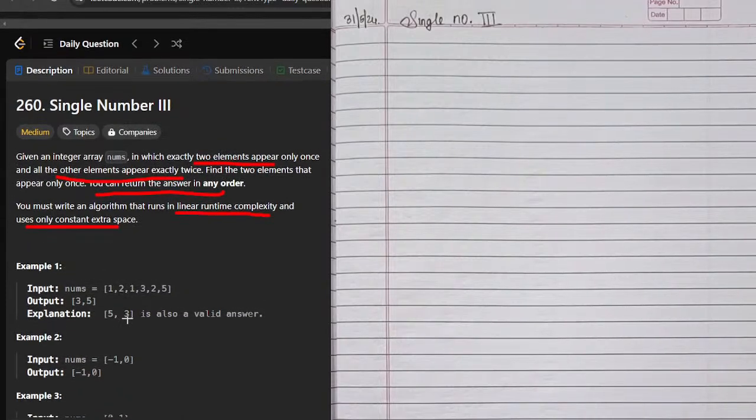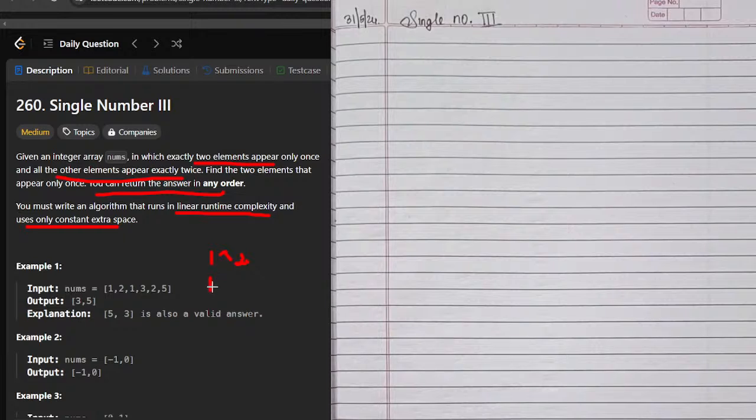There is one simple logic of XOR which removes the redundant things. One XOR anything is some different value. One XOR 2 gives some different value.